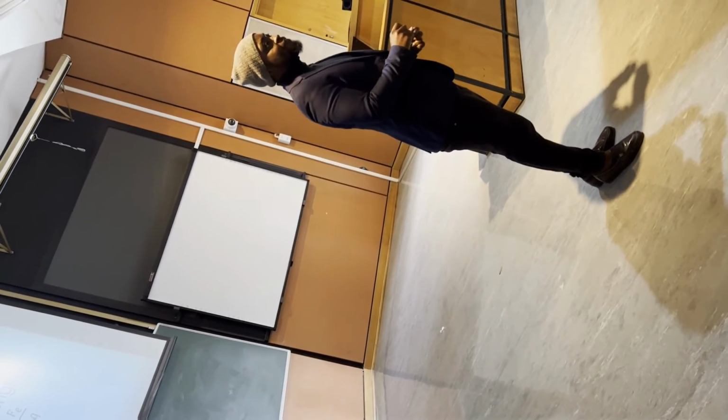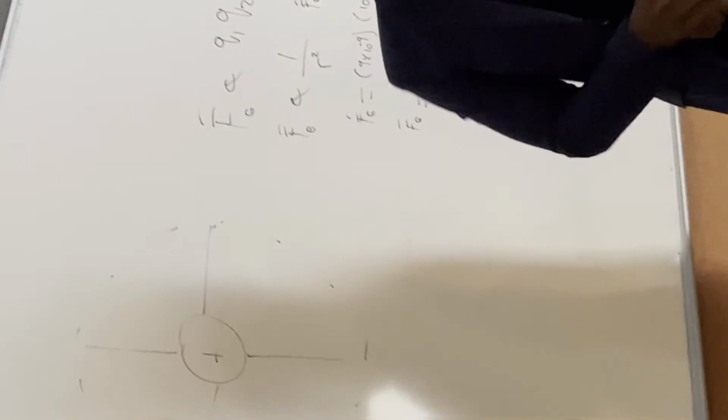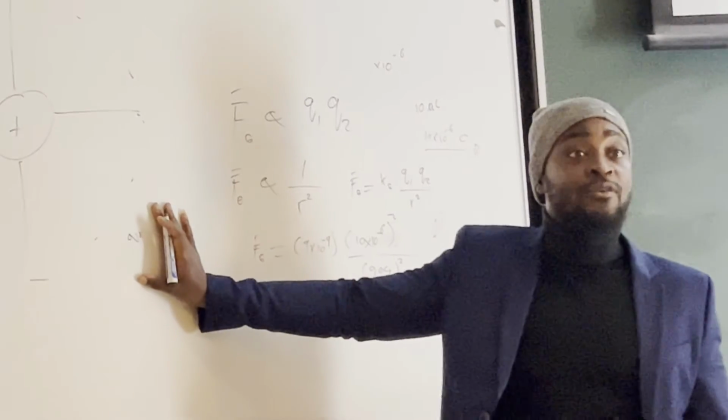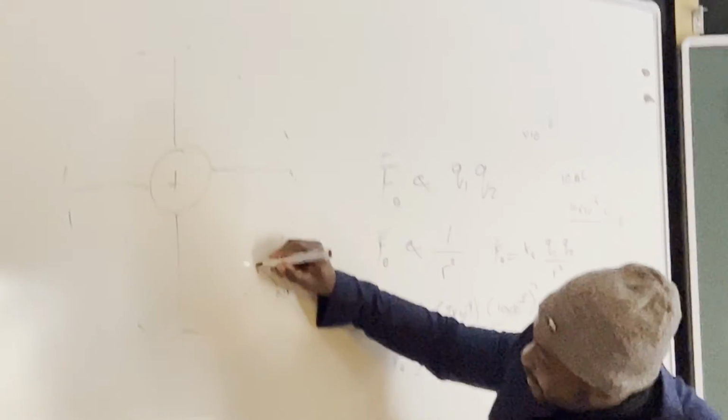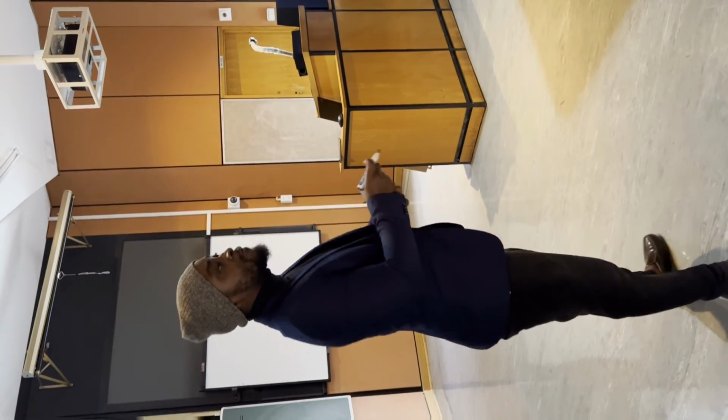It's a region of space where another charged object will experience an electrostatic force. For example, let's say this is our region, our radius of the electric field. If I place a charged object outside it, it won't experience an electrostatic force. The moment it moves into this region of space, it will experience an electrostatic force. So an electric field is a region of space where another charged object will experience an electrostatic force. Questions?